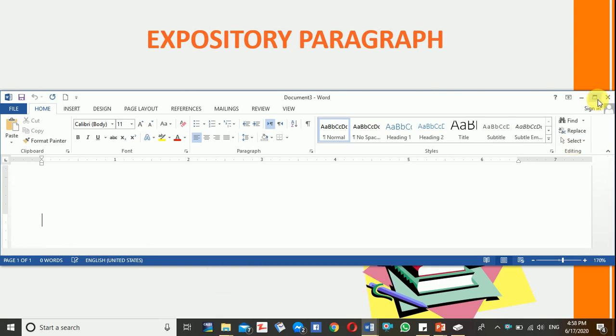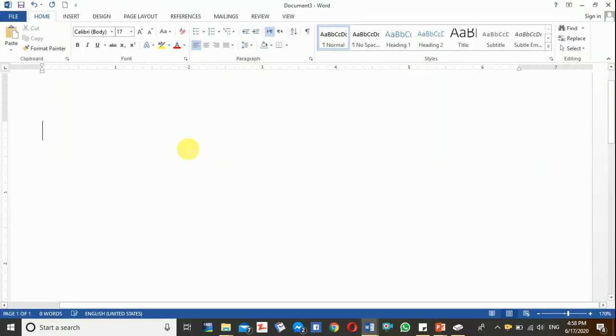Now, the first thing we have is the word expository. What does expository itself mean? The word expository is taken from the word expose, right?